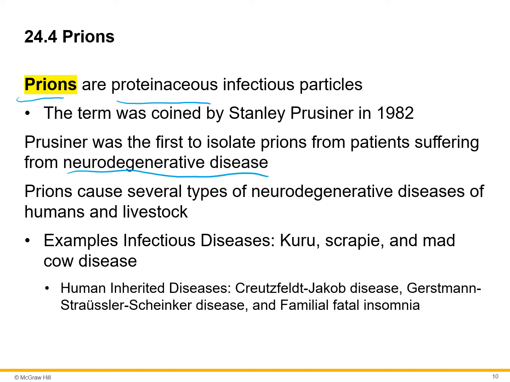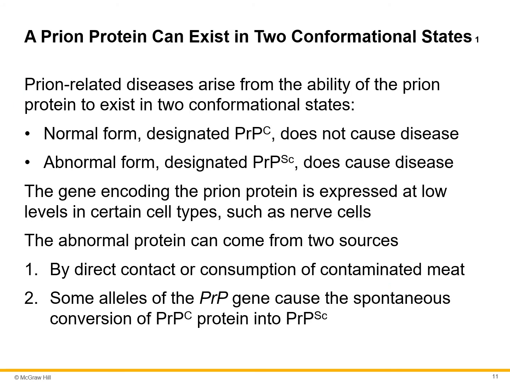It's kind of the same disorder. It's called different things in different organisms. In cows, for example, it's called mad cow disease. In humans, it's called Creutzfeldt-Jakob disease, which is the same as mad cow, and it's due to a prion.